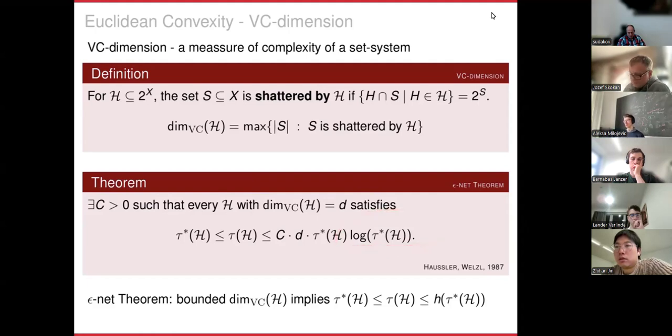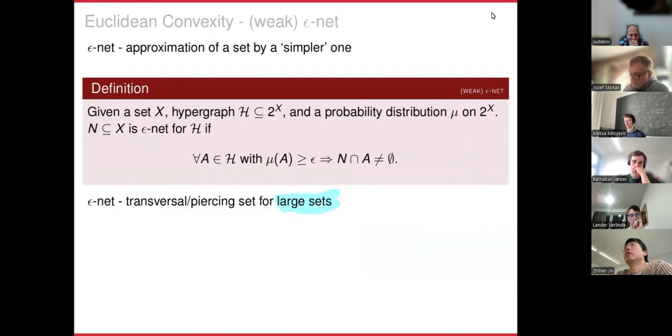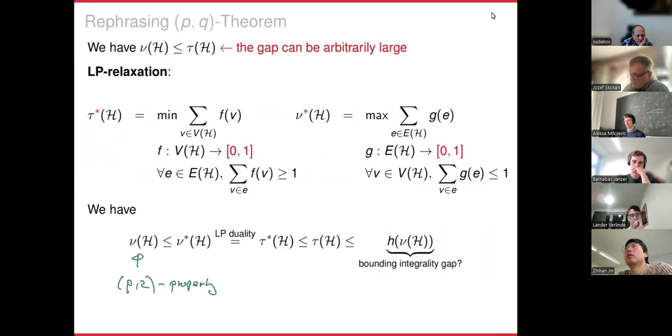In other words, if I have a bounded VC dimension, then I can squeeze the transversal number between the fractional transversal number and a function of the fractional transversal number. So, in some ways, I'm working towards this goal of bounding the integrality gap. It's not yet a function of nu, but it's a function of this tau star.